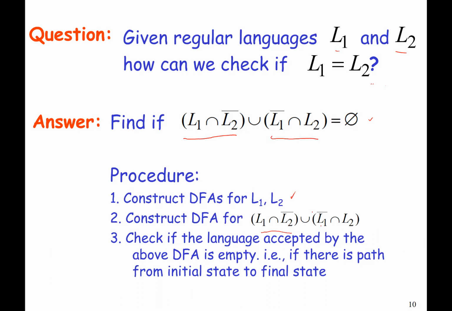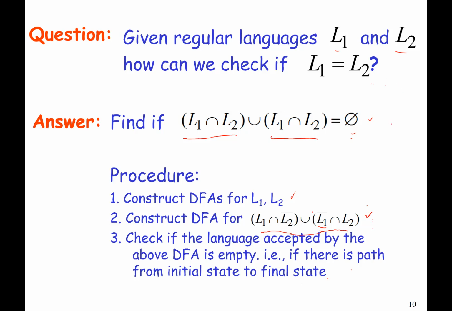Similarly, we can construct a DFA for L1 bar, the complement of L1, intersection L2, and then we can construct a DFA for the union. So there's a series of steps that we go through to construct a DFA for this. And we have already shown earlier how to check if a DFA accepts the empty set. That is, if there's no path from the initial state to the final state of this DFA, then the two languages are equal.